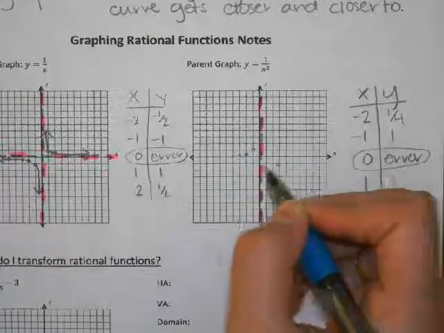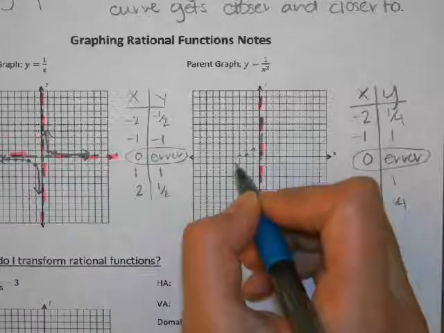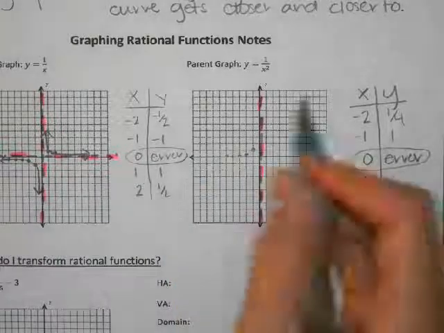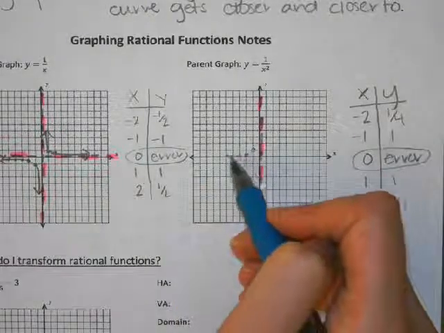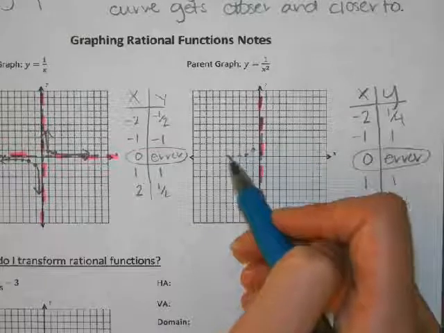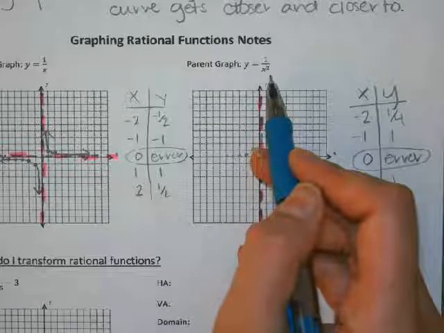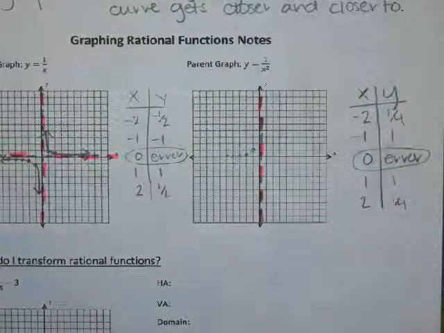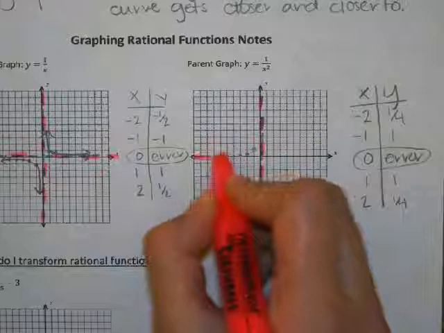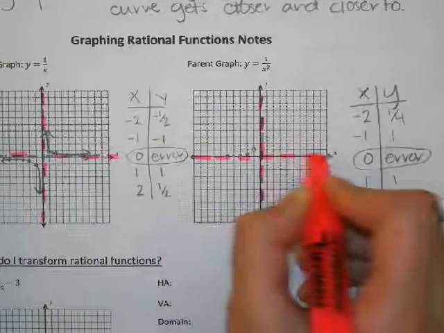What happens if we plug in -5? 1/25. Okay, so what's happening as we plug in more and more points? We're getting closer to the line. Are we ever going to plug in a point that's going to make that fraction equal 0? No, not going to happen. So we have another asymptote at 0. So this one's horizontal.